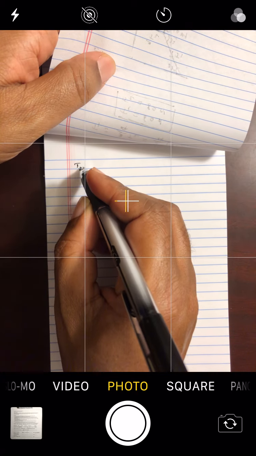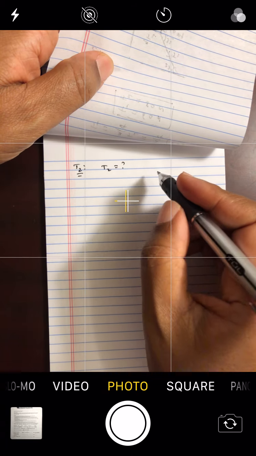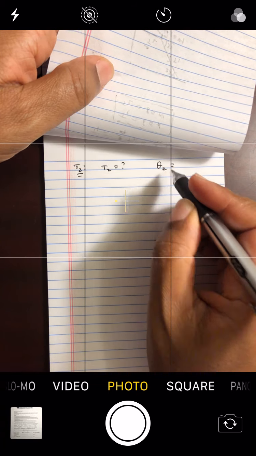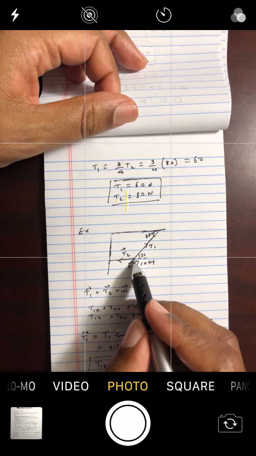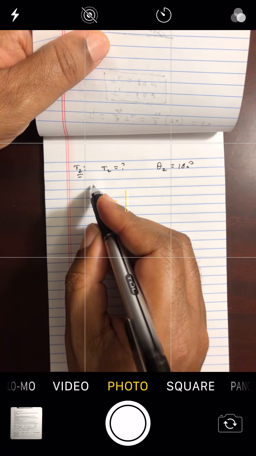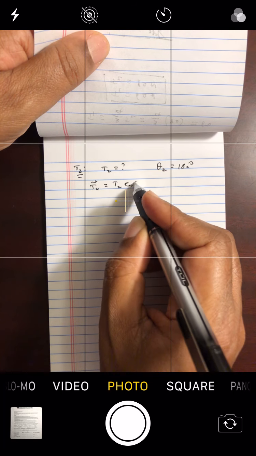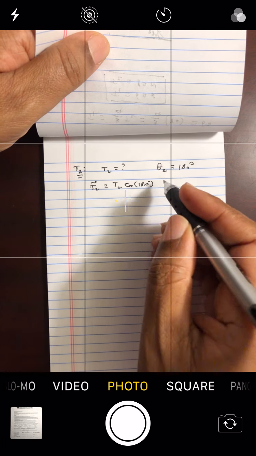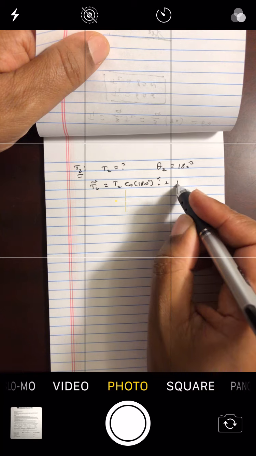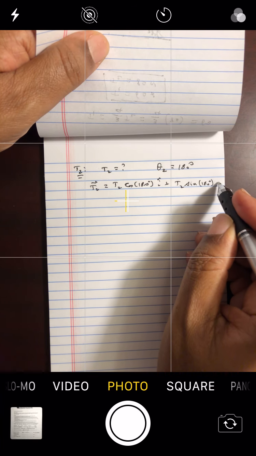Okay, and then we can do the same thing for the other tension. Now, for T2, of course, we don't know the magnitude, that's what we're looking for. How about the direction? The direction is west. This tension is pulling this way, so it is 180 degrees. Okay, 180 degrees. So we can say this tension over here is the unknown T2 cosine of 180 degrees in the I direction plus T2 sine of 180 degrees in the j direction.